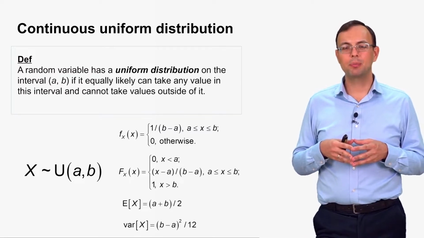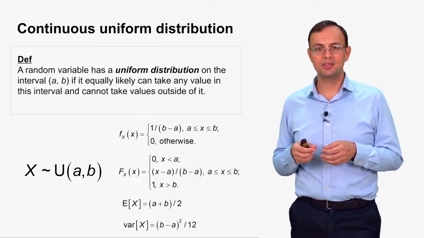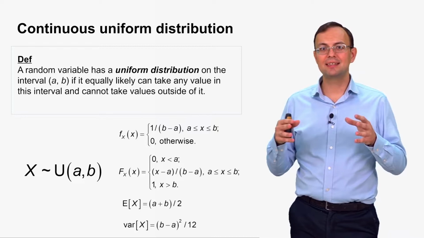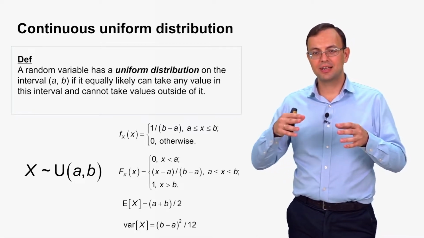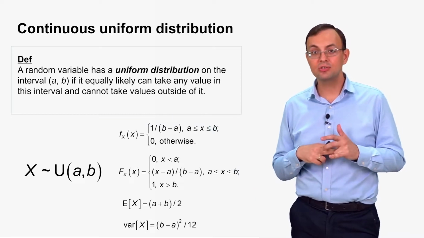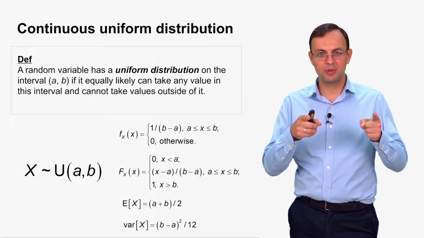Probably almost the only one is a situation when you are interested in waiting time for an event, but not in a Poisson series of events, but in a series where the intervals between the events are fixed.